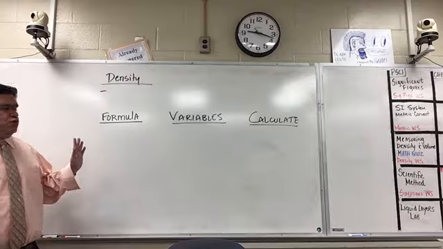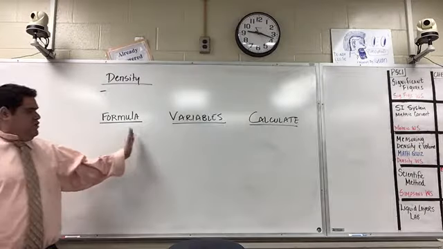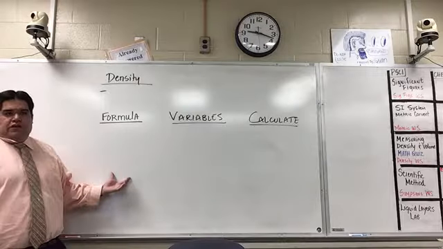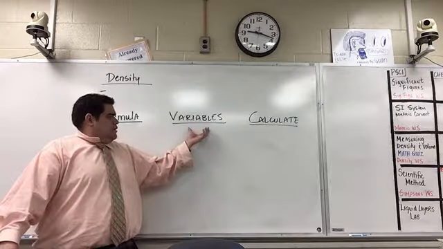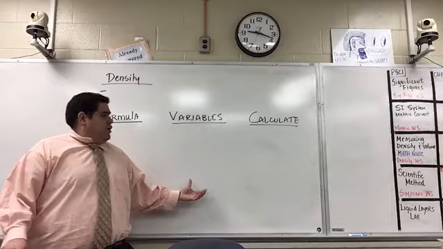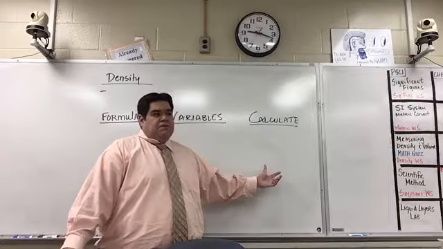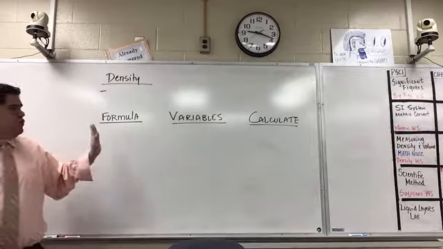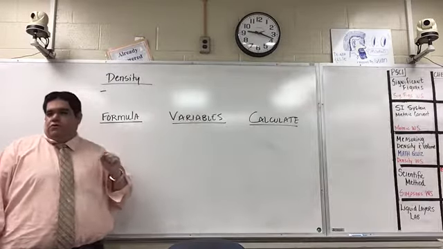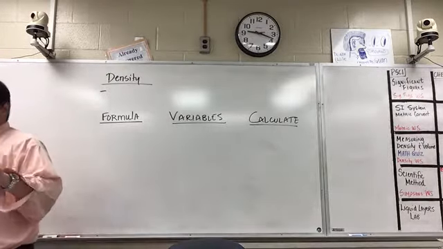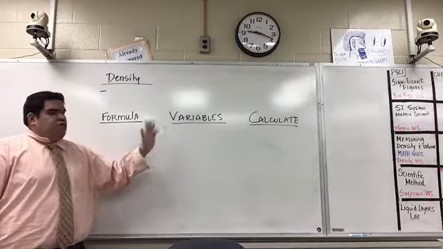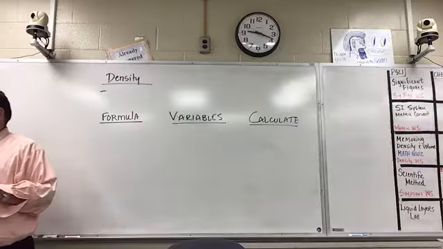Now, the advantage of formula, variables, calculate to you is this. If you choose to use the 3-step process of showing me what formula you are using, then the listing of all the variables, and then your calculation, you get partial credit for each one you do. So in the end, if your answer is wrong, you can still get credit for the parts that you got right.